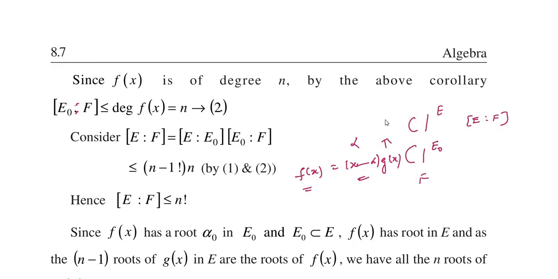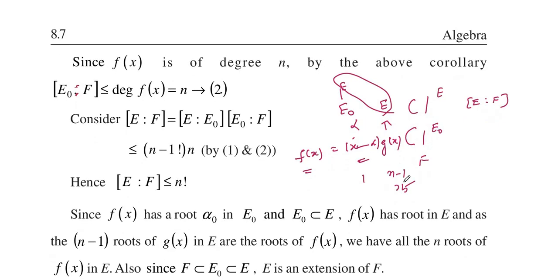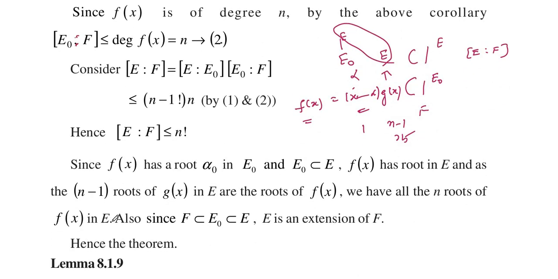They are already in E, and alpha is in E naught, but that is contained in E. So the whole lot, that is alpha, which is 1, and these n minus 1 roots, gives us totally n roots in E. So we have all the n roots of f(x) in E.